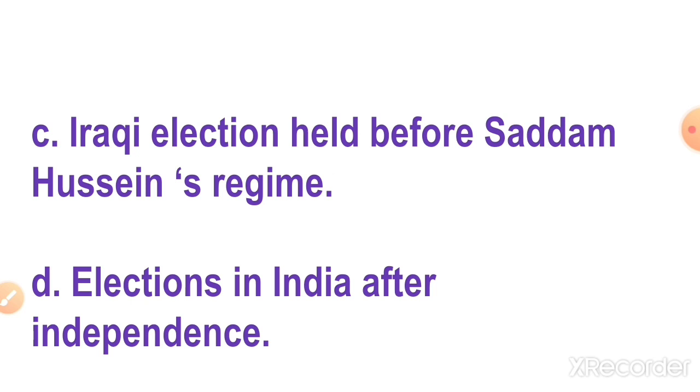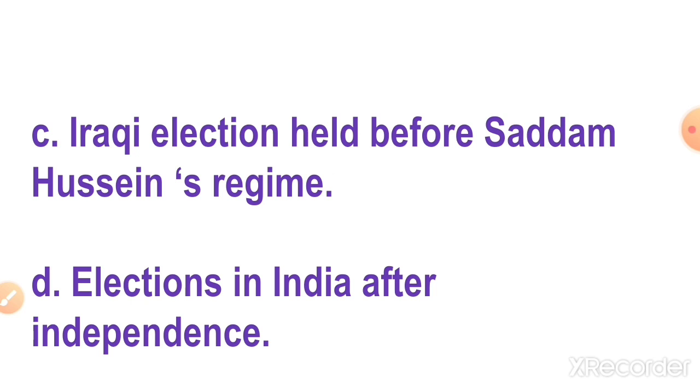And the D option is elections in India after independence. Now you're going to open your textbook and see which is the right option yourself. Okay? I'm sure you all will do this.